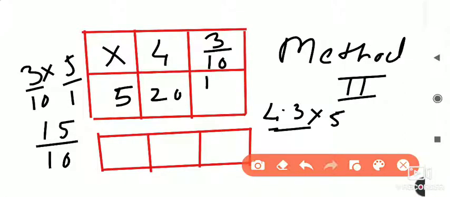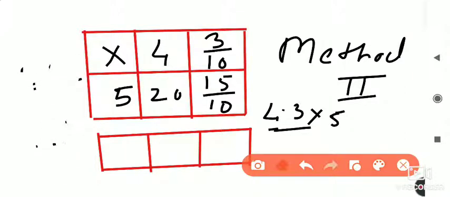So 15 upon 10. I have done 4 into 5, and 3 by 10 into 5, whose answer is 15 upon 10.